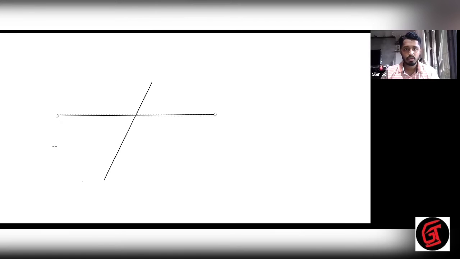I've done a bigger diagram so that you can see clearly on your phones. Line L, line M, line N. I'm giving all the namings also. A, B.